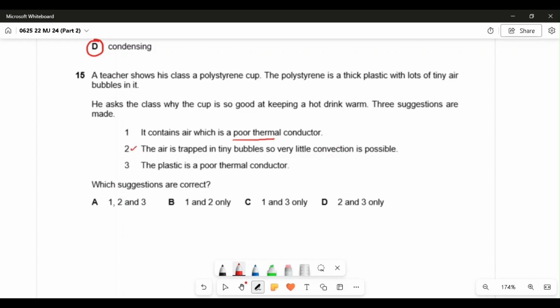So this also looks good. The plastic is a poor thermal conductor. Yes, metal is a good conductor, plastic is a bad conductor. So for me, all of these three are good suggestions. Which suggestions are correct? All 1, 2, and 3 are correct suggestions.